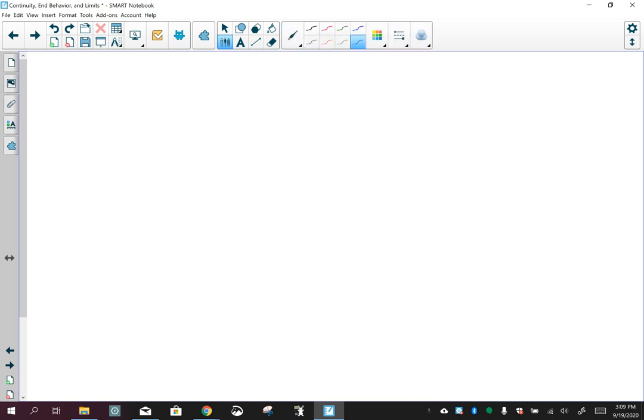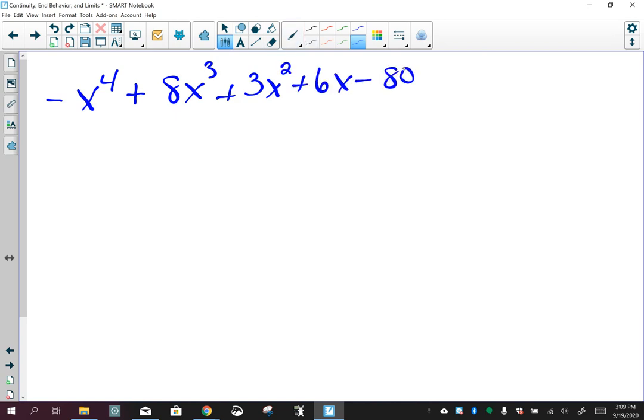So we have negative x to the 4th plus 8x to the 3rd plus 3x squared plus 6x minus 80. This is your f of x. I want to know what is happening with my end behavior.